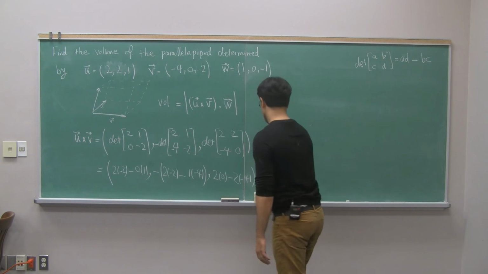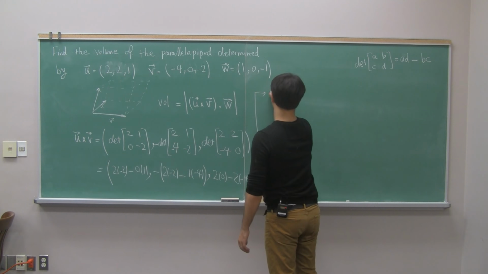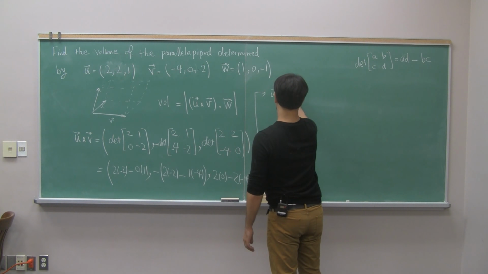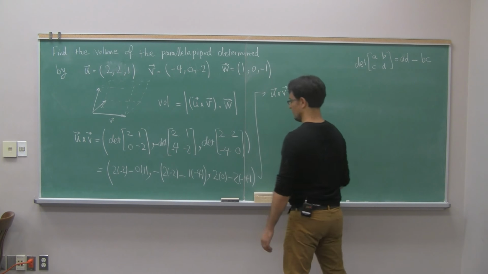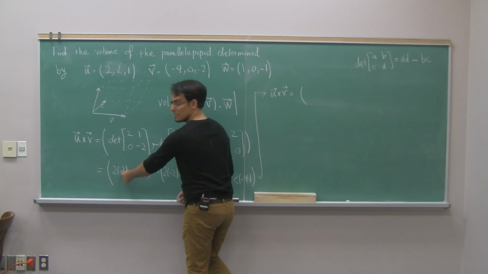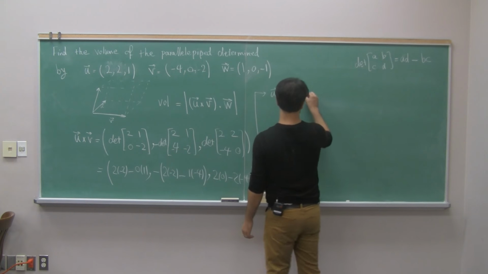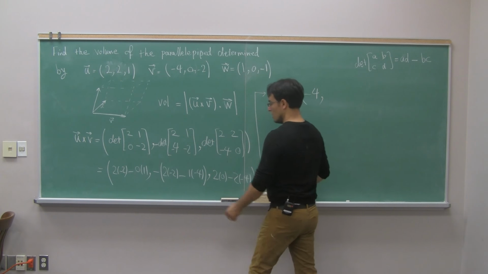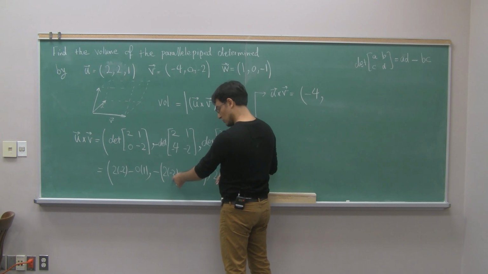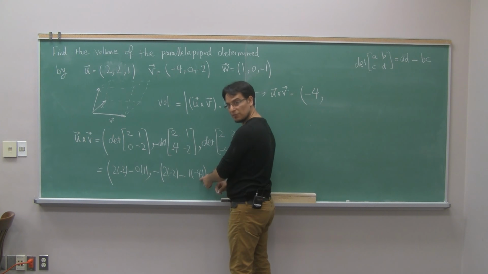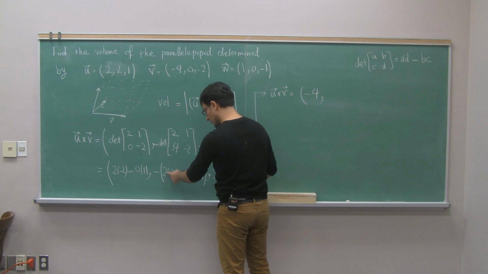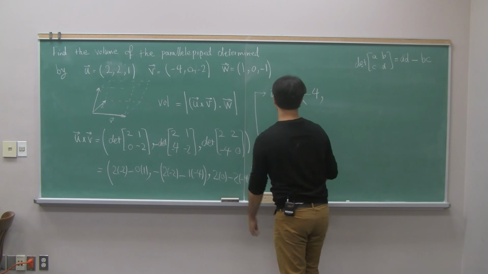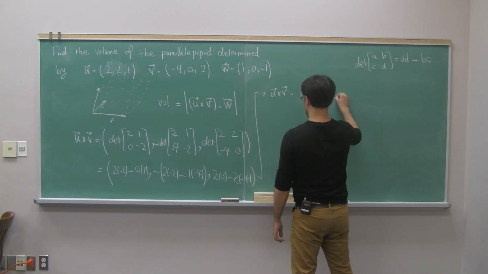Then U cross V is this vector. 2 times negative 2 is negative 4, minus 0, so it is negative 4. For the second component, 2 times negative 2 is negative 4 minus negative 4, so negative 4 plus 4 is 0.